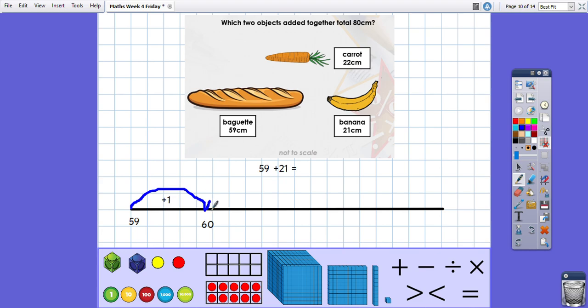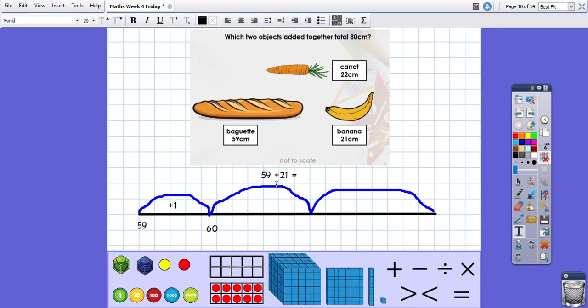So I'm going to do it in 2 jumps of 10. I'm going to add 10 and then I'm going to add another 10 to the end. So 60 add 10 is 70, and then 70 add 10 is 80. And look at that, Miss French has done it in her first go.